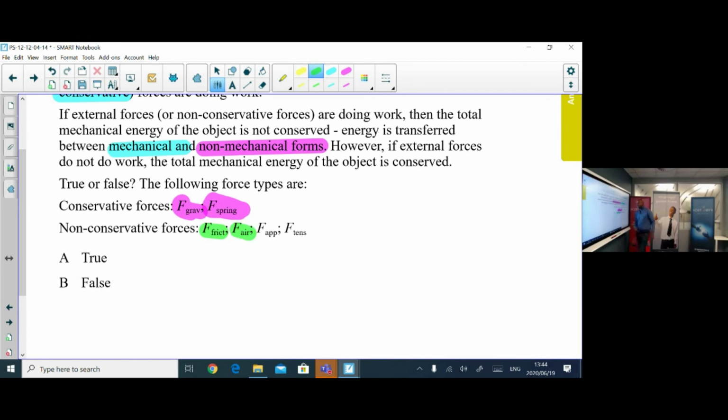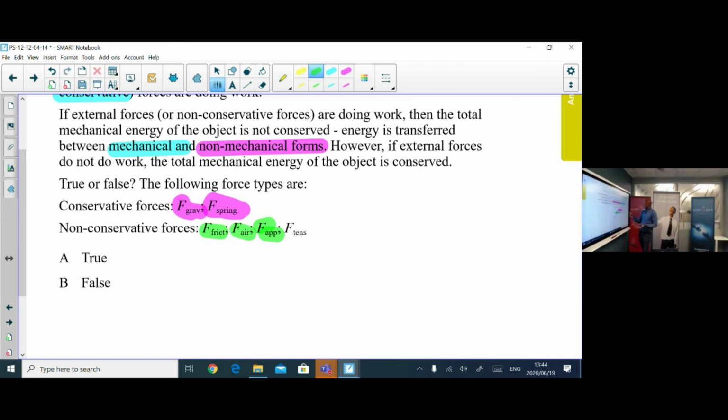Air resistance. For example, if you have a parachute, you just come down. There is air resistance, which opposes the motion as it goes down. What about the applied force? Say you have an object and you push it.